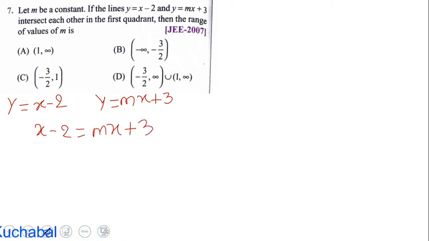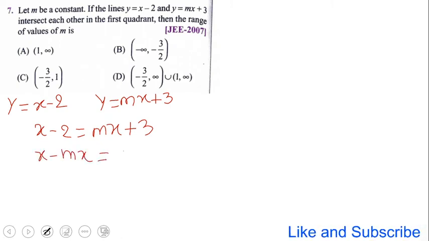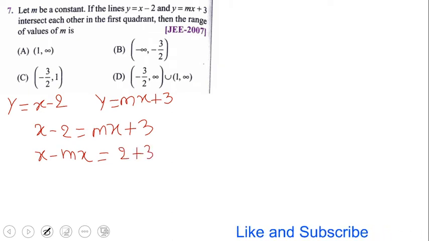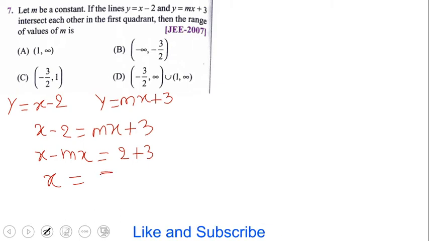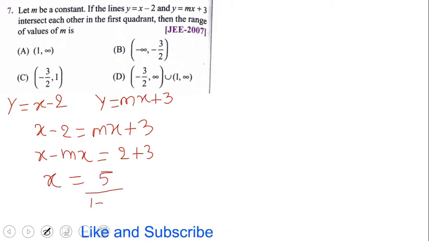From this we have to write a solution for x. So mx we transport to LHS, x minus mx equal to 2 plus 3. Taking x common, we get x equal to 5 divided by 1 minus m.